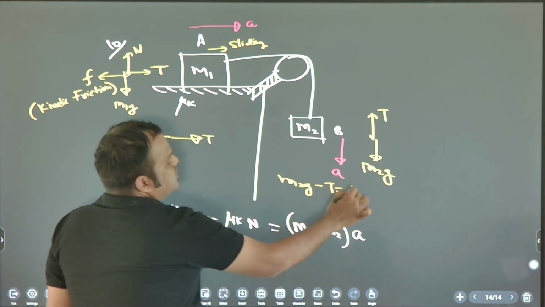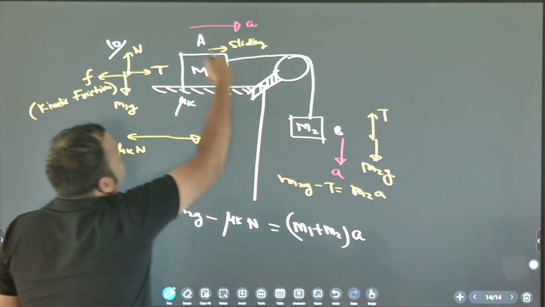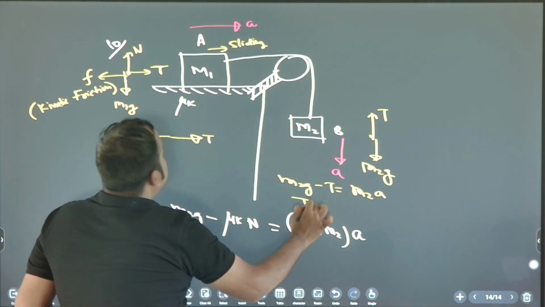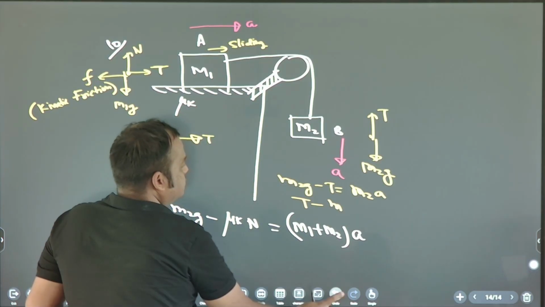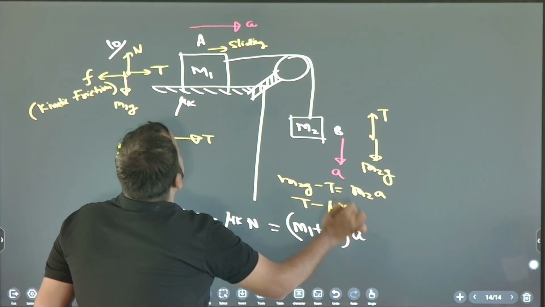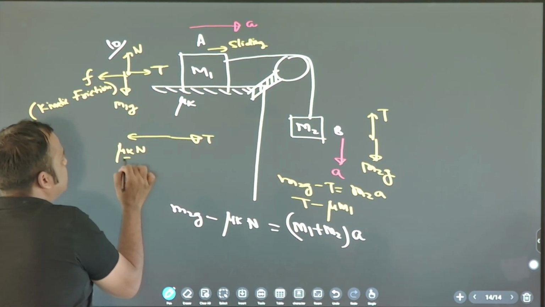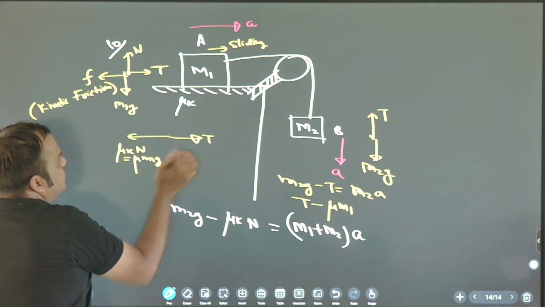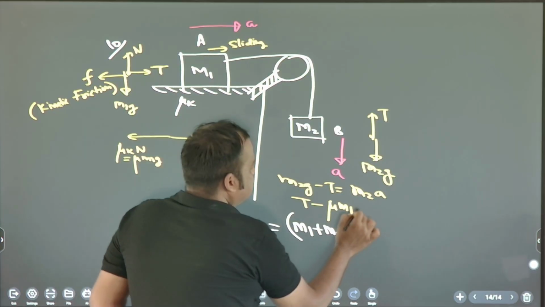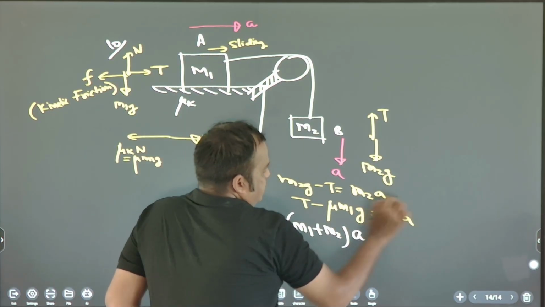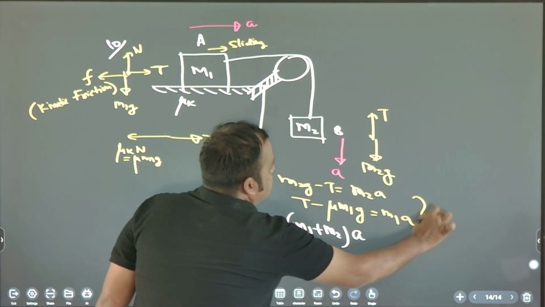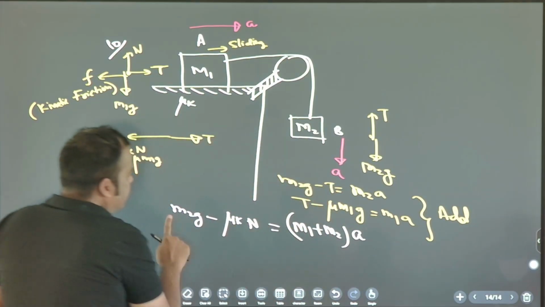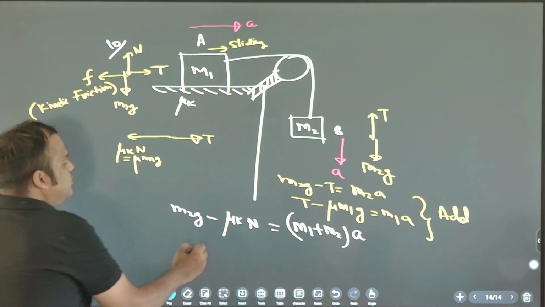M2g minus T is equal to m2a, and for the other block, T minus mu m1g is equal to m1a, correct? When you add these, you will get this, correct?